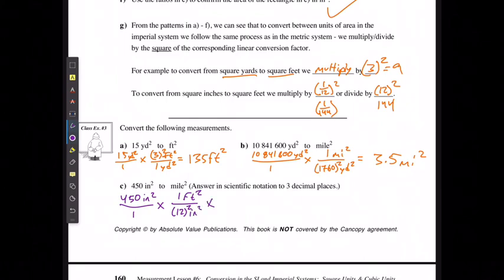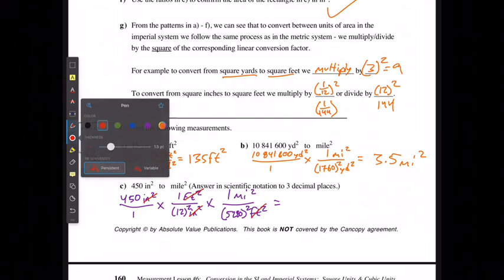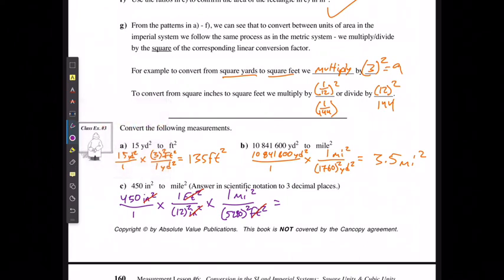And I'm going to turn that into 1 mile squared over 5280 squared feet squared. Cancel out the units I'm not using anymore. And in scientific notation, this is going to give me 1.121 times 10 to the negative 7 miles squared.